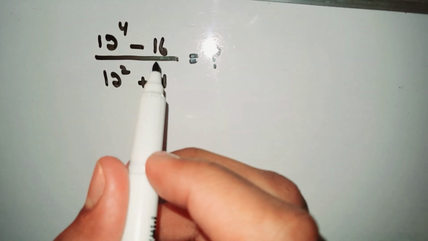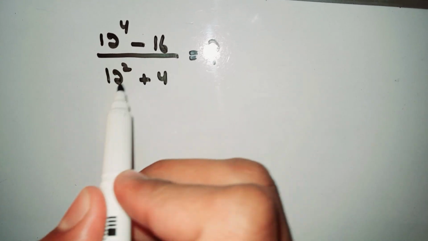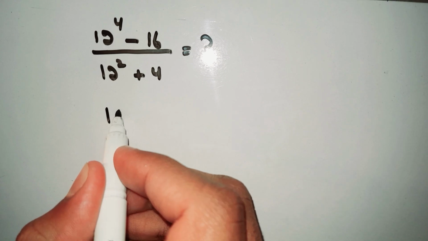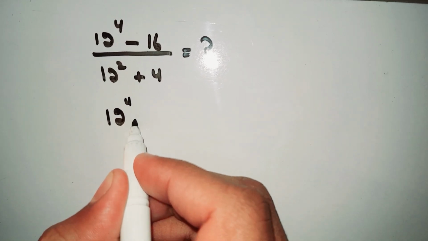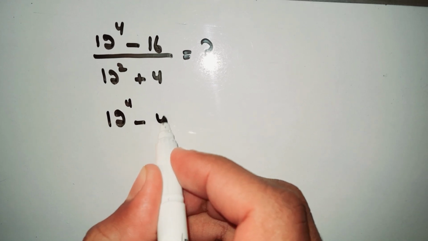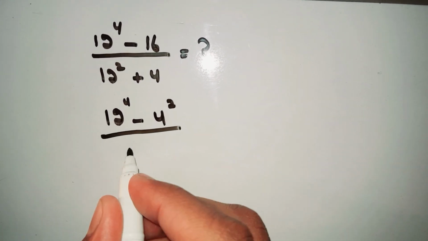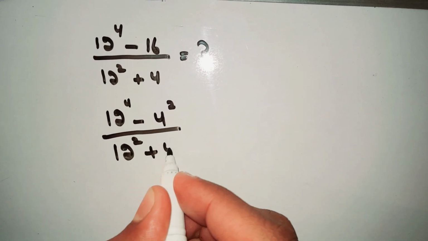In this video we are going to solve this problem: 12^4 minus 16 divided by 12^2 plus 4. So first of all, here we write 12^4 minus, we write 16 as 4^2, upon 12^2 plus 4.